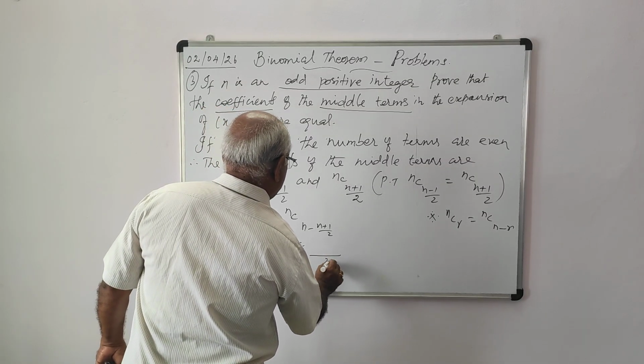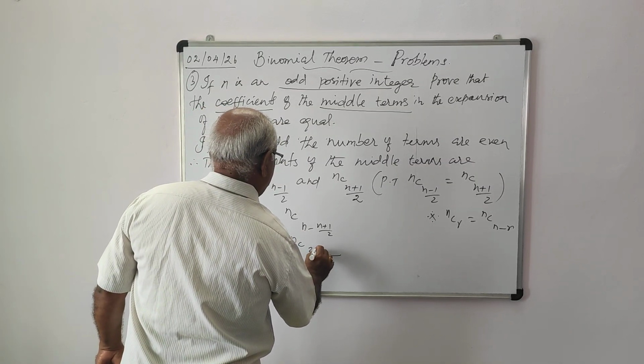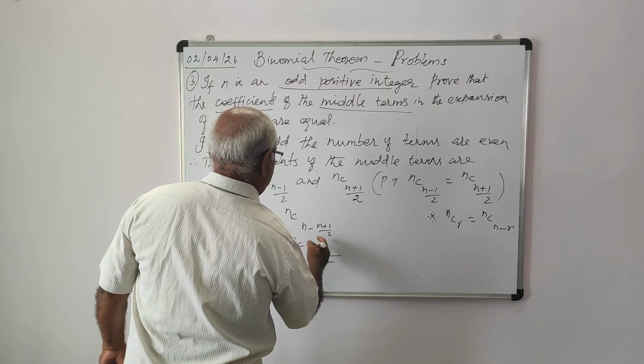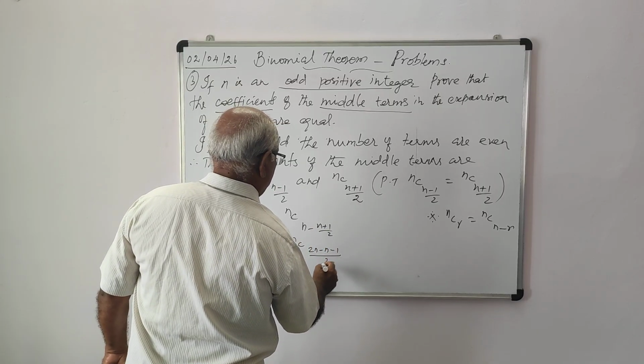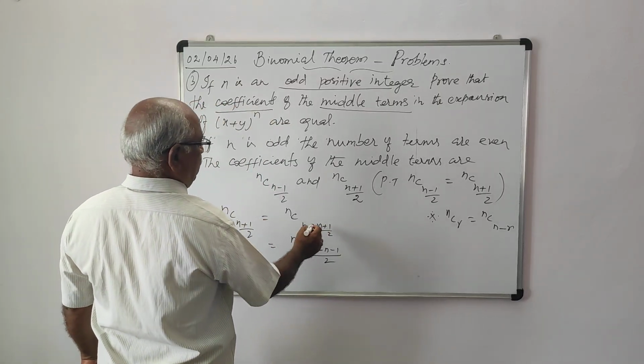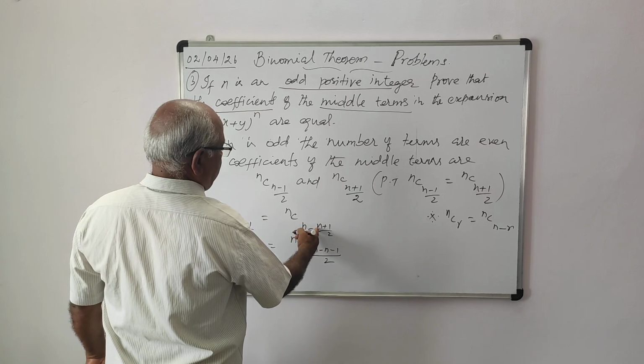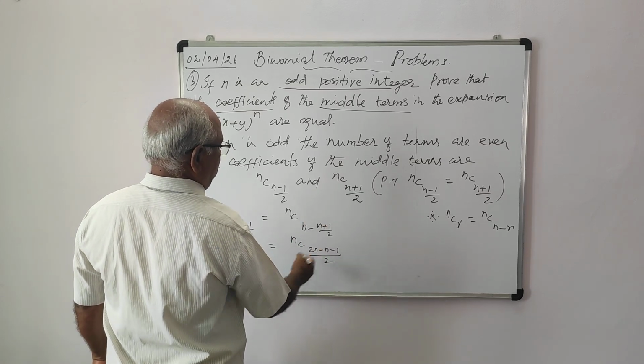If you take LCM as 2, it is nC of (2n minus n minus 1)/2. Here minus of plus 1 is minus 1.